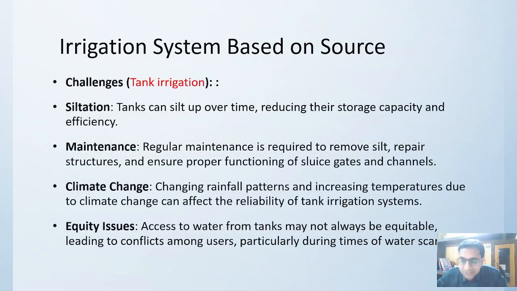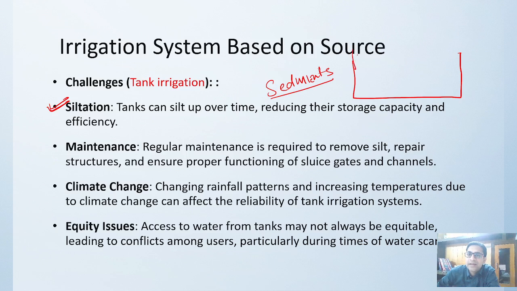Now with that concept, there are also challenges which are part of it. The most important and most severe challenge is siltation. Siltation means that over years of use, sediments get deposited. Like you have this tank.